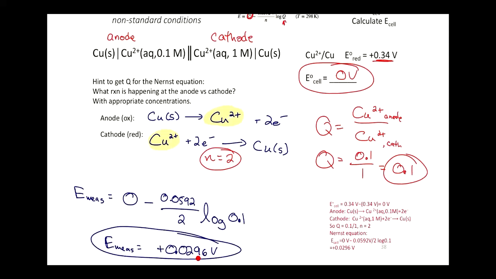So yeah, we can produce a tiny voltage by just having two different concentrations of ions in two different places. I wanted to show you the example, because you'd think if you had the same substance as your anode and your cathode, your cell potential should be 0. Technically, I didn't even have to give you this value. It doesn't matter. They're both the same number, so a number minus the same number is always 0.